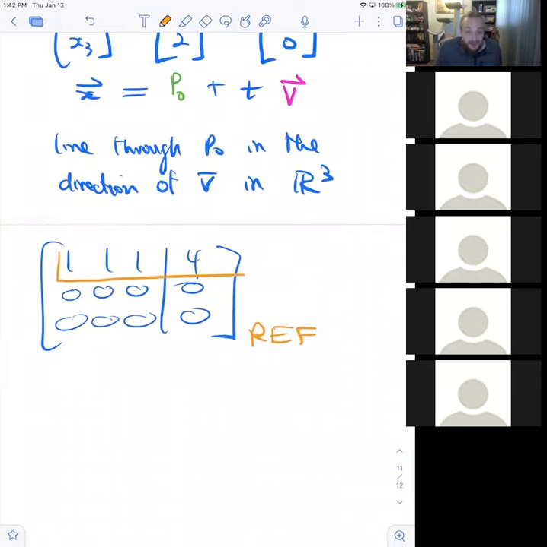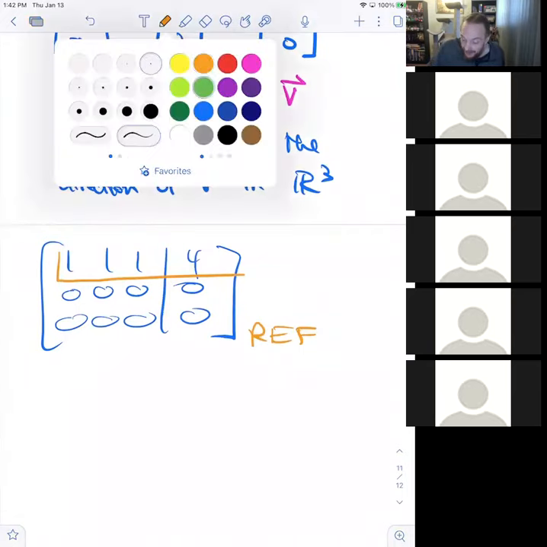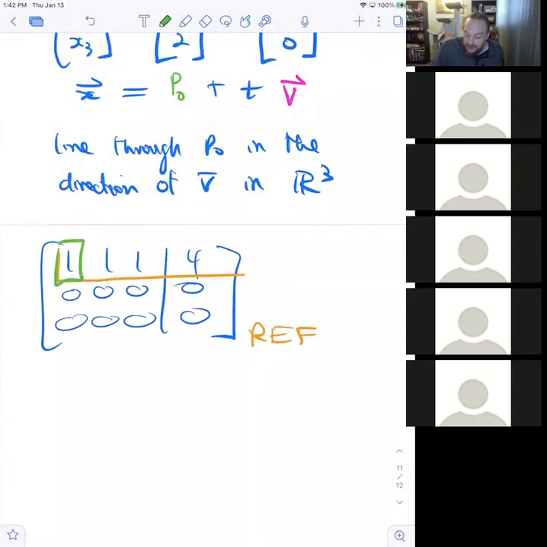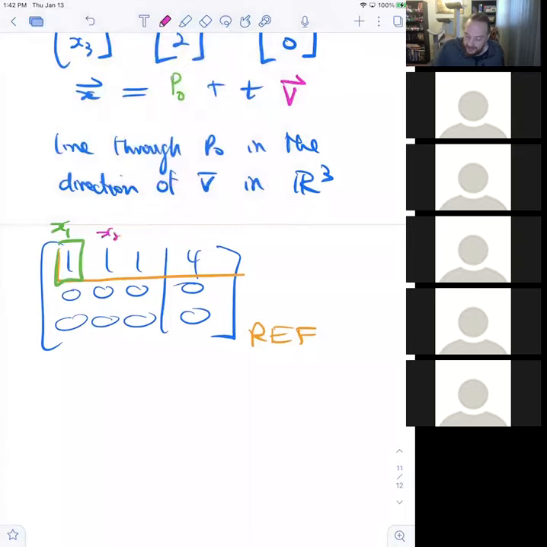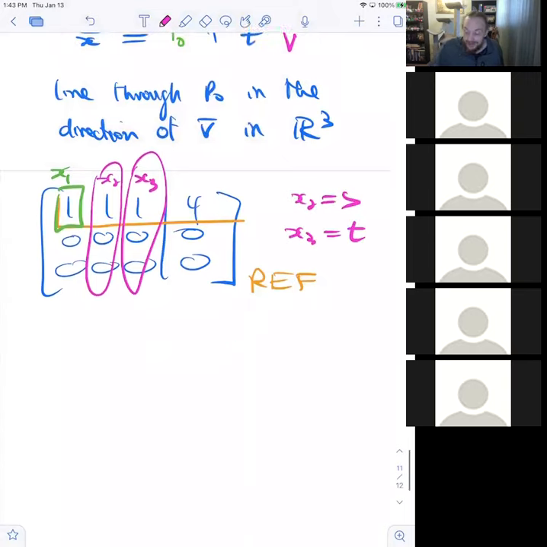I still have my staircase, but this is weird. This says I'm going to have 2 variables. Where's my leading entry? My leading entry is right here. So x1 is going to be the thing I can solve for, but these guys don't have leading entry, so they're going to be free. So x2 is going to be s and x3 is going to be t, both free in this case.